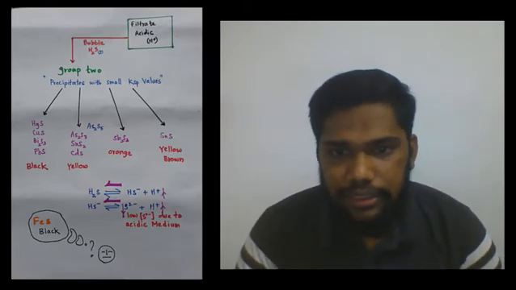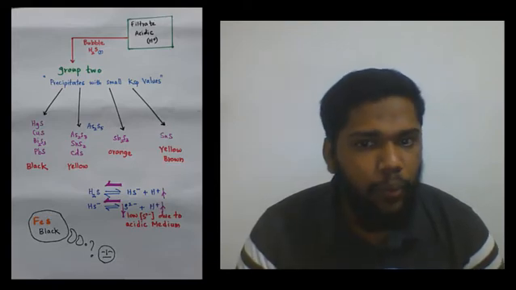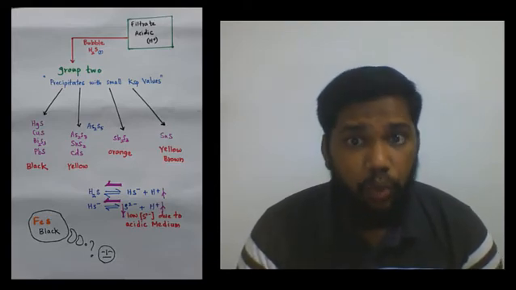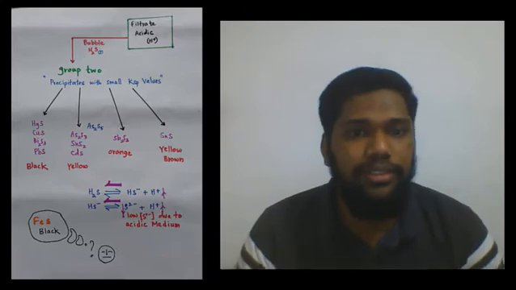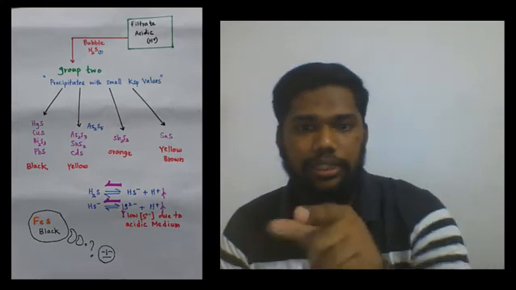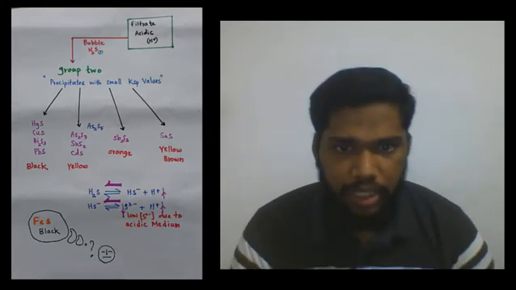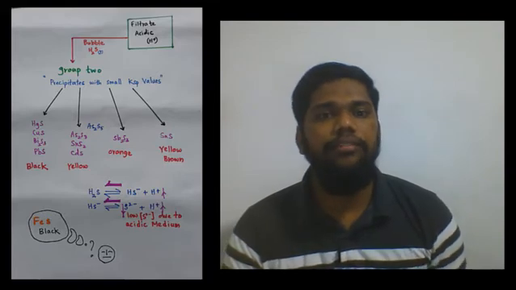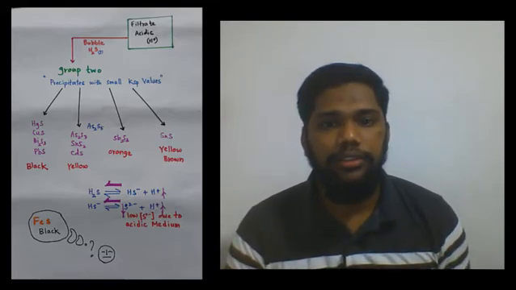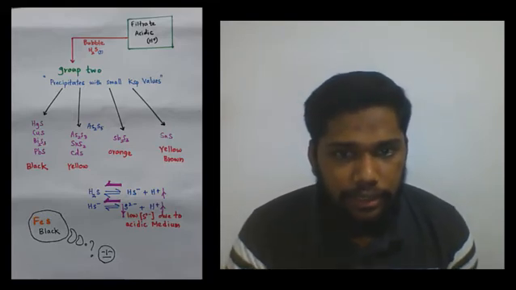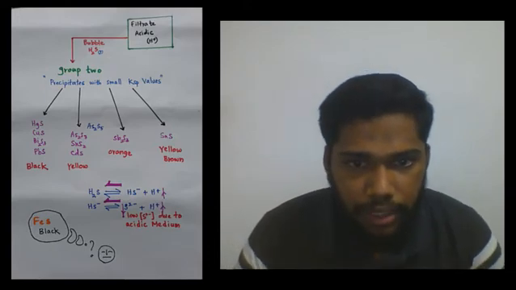It releases H+ to the medium. Now in this medium there is already a high amount of H+. So according to this equilibrium, the backward reaction is favored. You can see I have indicated that shifting of the reaction using a purple color arrow.